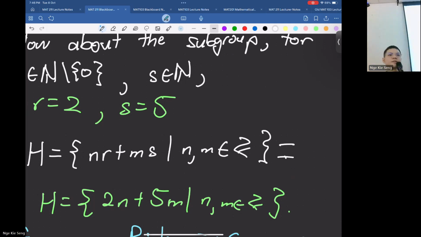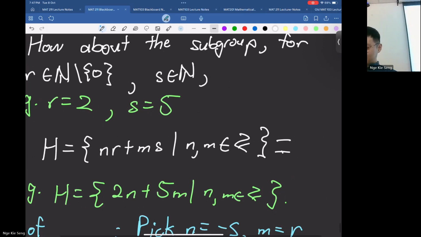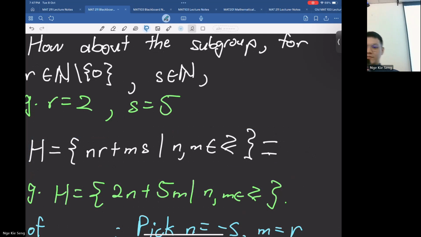If you simply guess 1 or 2, you need to prove it. But you need to imagine this set will change with r and x.